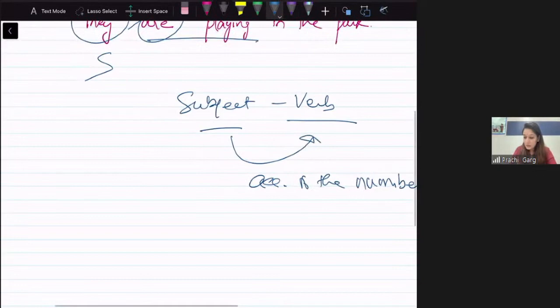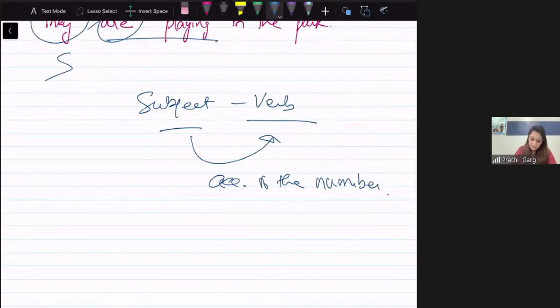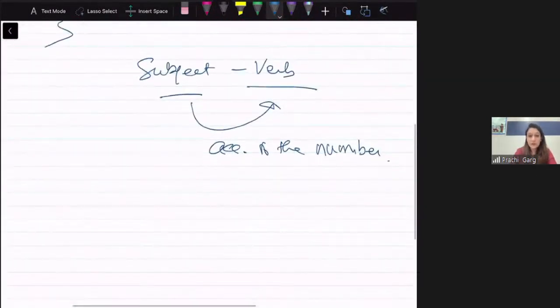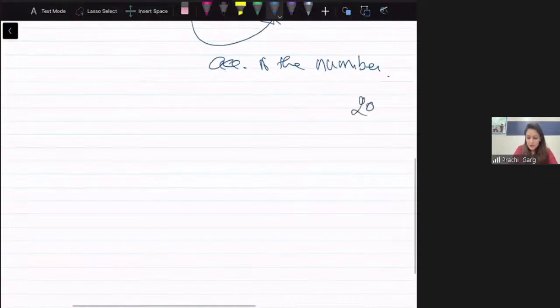Okay. Now, let's talk about some rules in subject verb agreement. There are certain rules that we need to follow when we are studying subject verb agreement. There are about 20 rules, and there are about 20 rules mentioned in your study material also. They're all easy to understand if you practice them well.